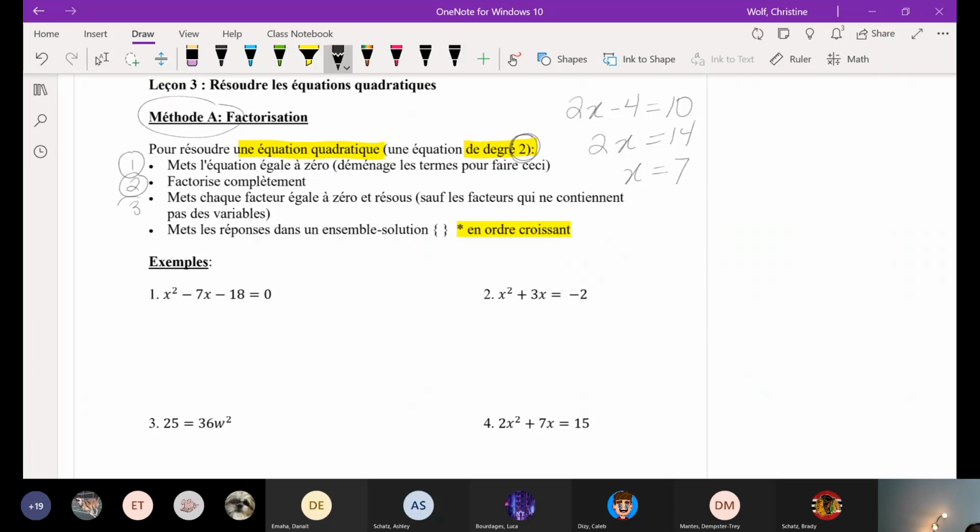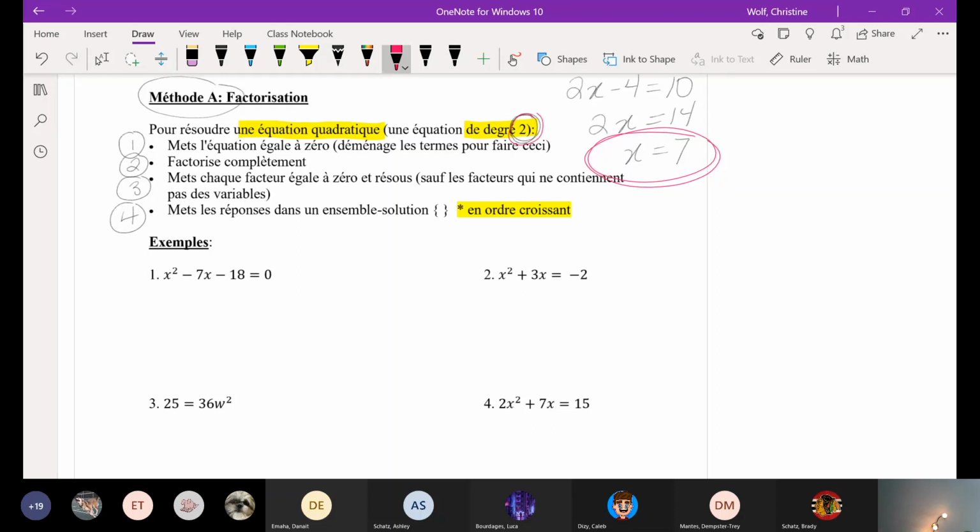I'm just going to walk you through that when we do an example. And then enfin, pour montrer la réponse, on met nos réponses dans un ensemble de solutions. That's those squiggly fancy brackets. And we put our answers in numerical order. So, when we would do solving equations, we would just get left with one answer, right? But sometimes when it's a quadratic with an exponent of 2, we'll be left with 2 answers. So we just put the answers in numerical order.